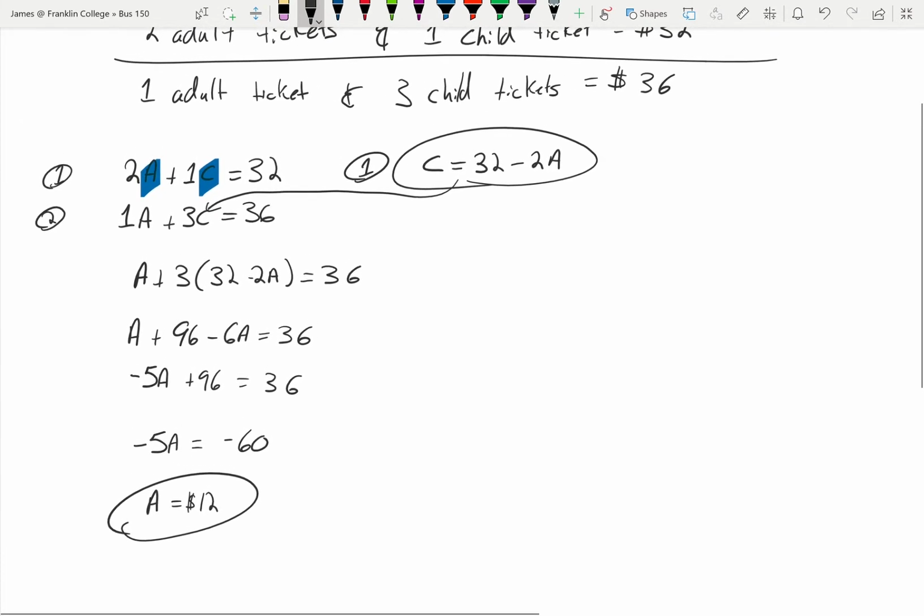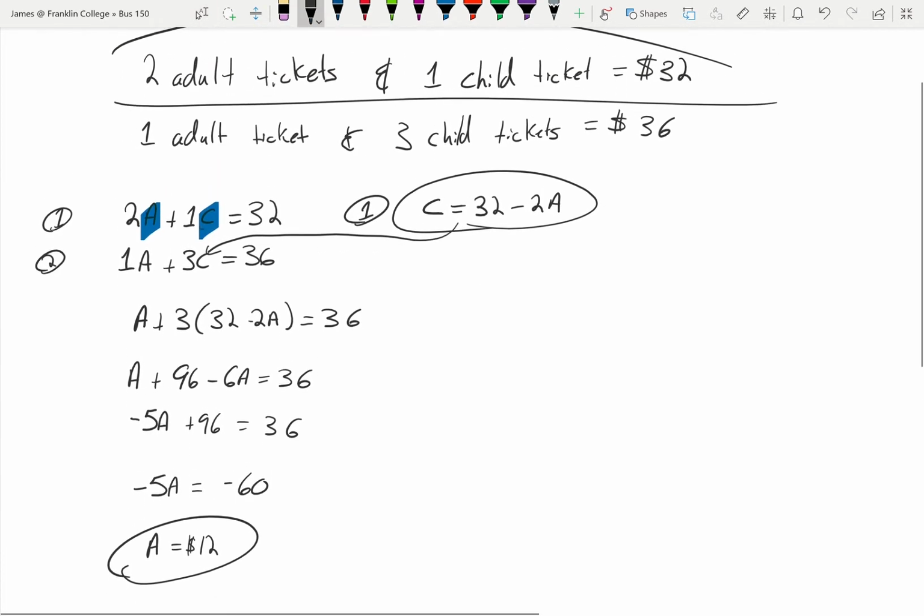So that's one variable, and we want to solve for this other one too. We want to solve for c. Since we know a, we can just plug in a into either of our original two equations, and then we can solve for the c variable.